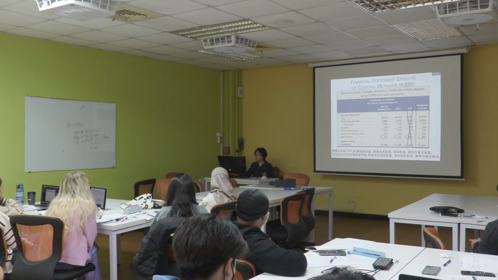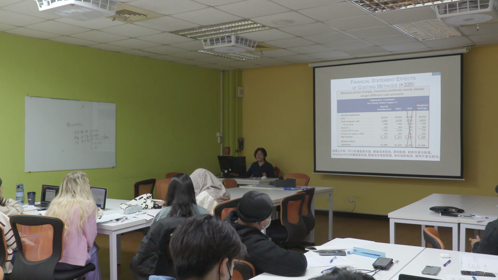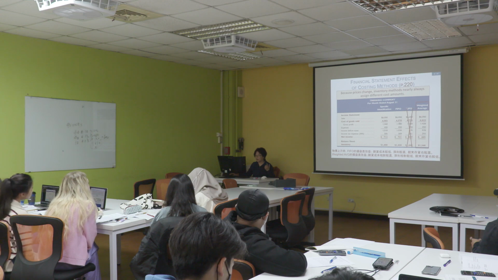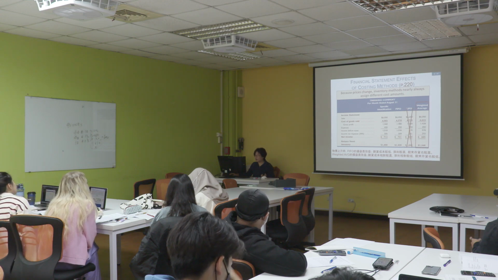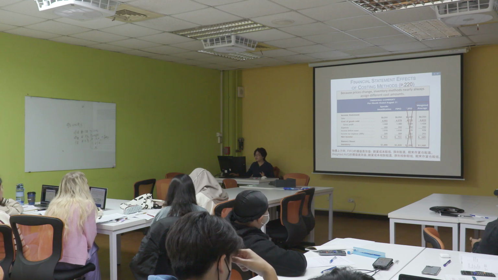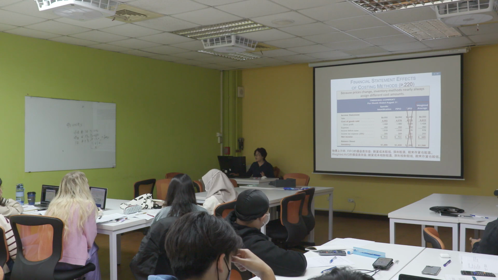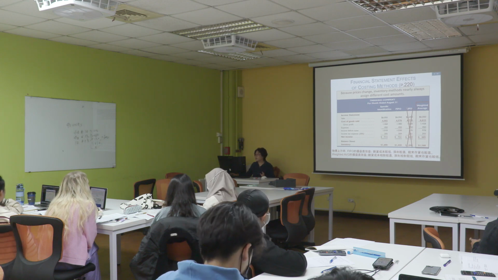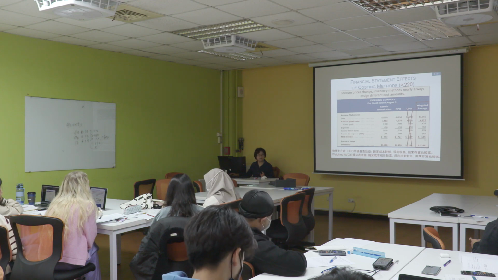So totally the cost of goods sold is always the lowest, and the weighted average is in between FIFO and LIFO, a little bit higher than FIFO. So average normally can be higher than FIFO. If that's the case, then with FIFO you always get a higher net income. Okay, and weighted average is less. That's the reason.